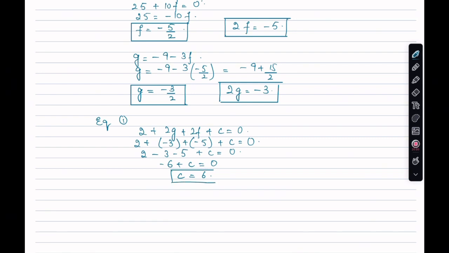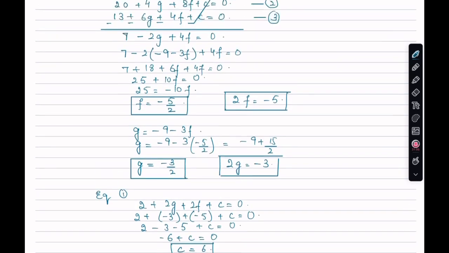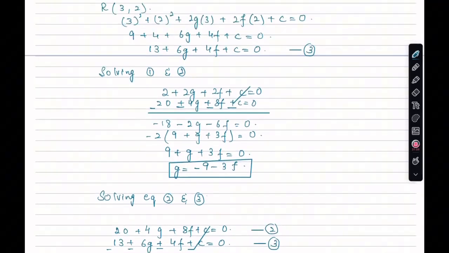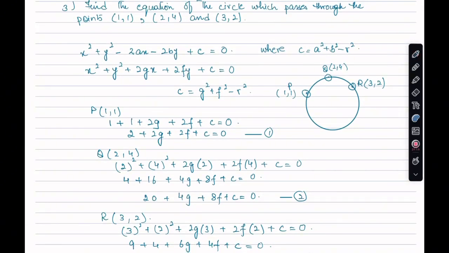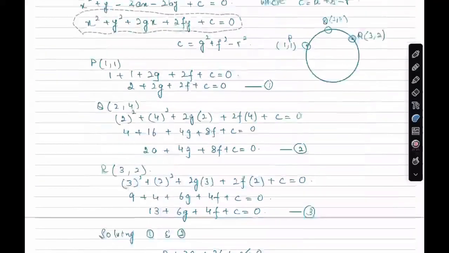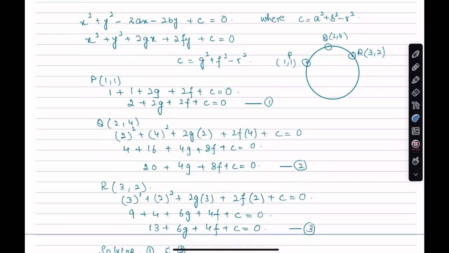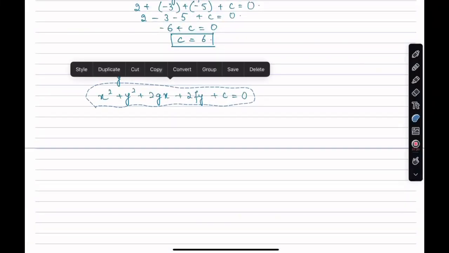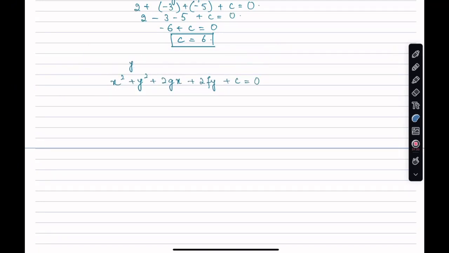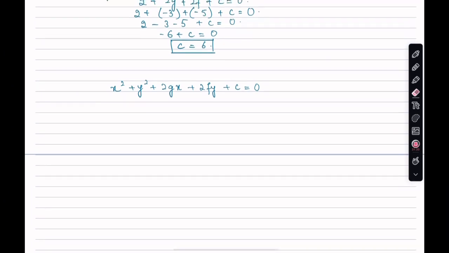So I have g, I have f, I have the c value. I do have the general equation of the circle, as we did earlier. This was the general equation of the function.